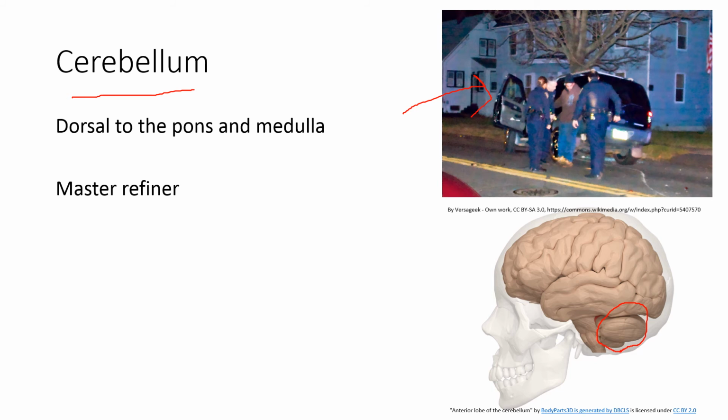The cerebellum, or the little brain, is located posteriorly from the pons and medulla. Although it's only 10 to 11% of the brain's mass, it holds over 50% of the brain's neurons. Functionally, the cerebellum is a master refiner. For years, we have known that one of the major functions of this part of the brain is to process information from the cerebral cortex, the brainstem, and the sensory receptors to coordinate and refine muscle movements, especially those that are repetitive.